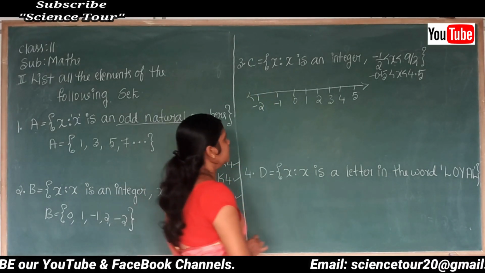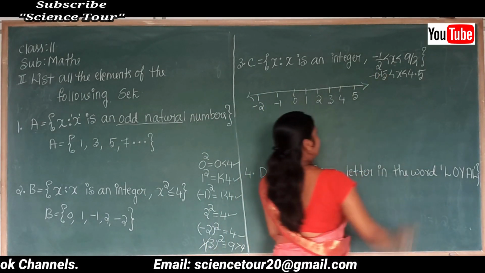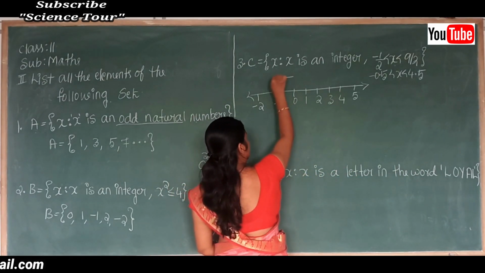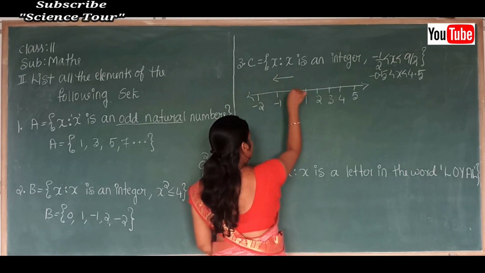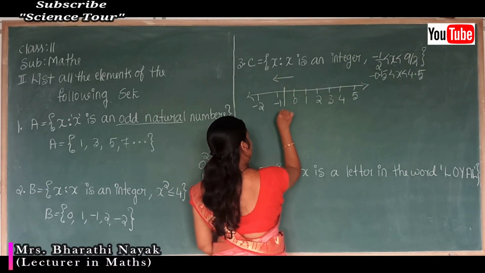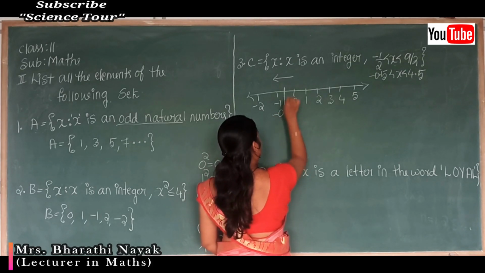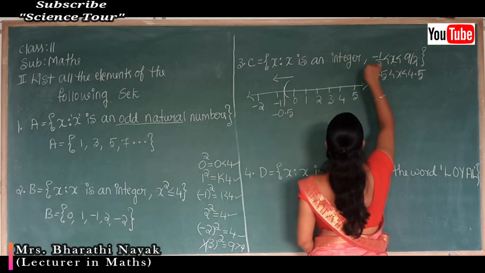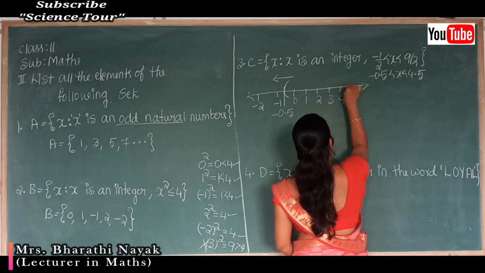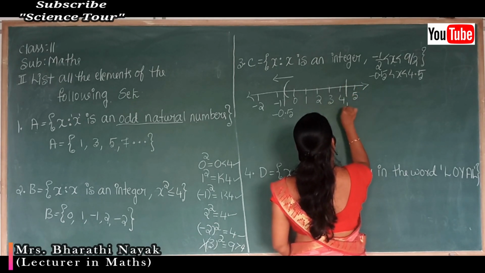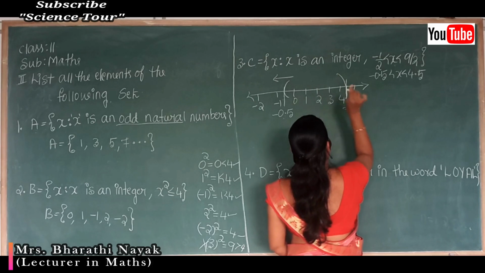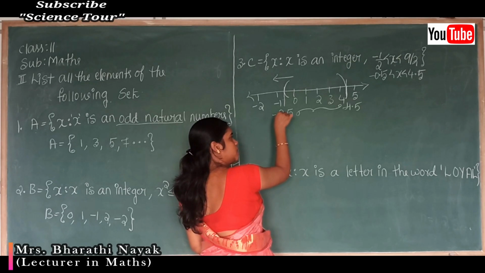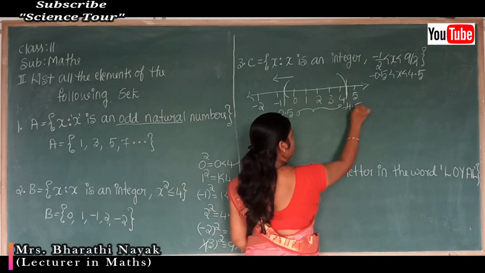Minus 0.5 means somewhere here, to the left of 0, since minus means the left side direction. And 4.5 means to the right side, it will come somewhere here. So now you have to choose an integer in between minus 0.5 and 4.5.